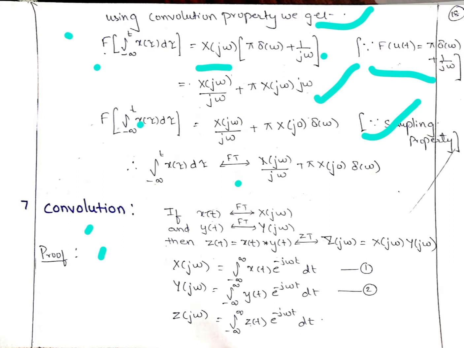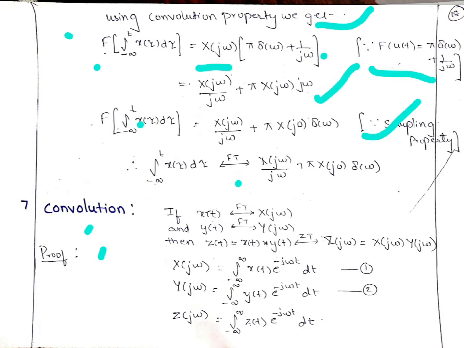If x of t has Fourier transform X of j omega and y of t has Fourier transform Y of j omega, then z of t equal to x of t convolved with y of t has Fourier transform Z of j omega equal to X of j omega into Y of j omega.